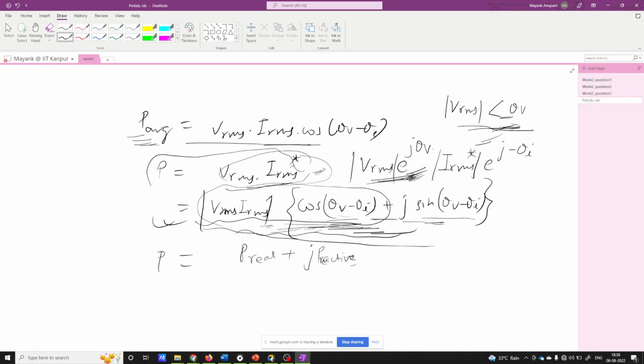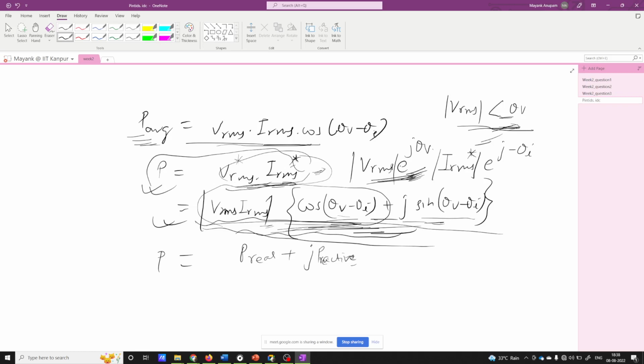Otherwise you would have been writing a long expression of this kind. If you want to represent the total power, reactive as well as real power, you will need to write this whole big expression. So what did you do? You simply managed to write it in a very small manner, so that it becomes easier to handle. That is why you introduce this complex power, which is equal to VRMS times IRMS conjugate.